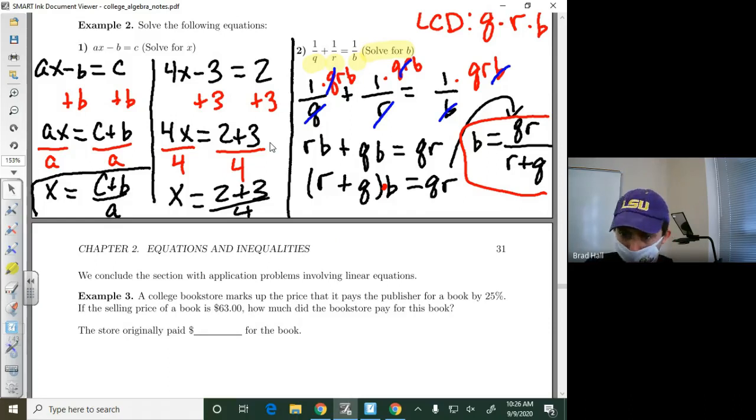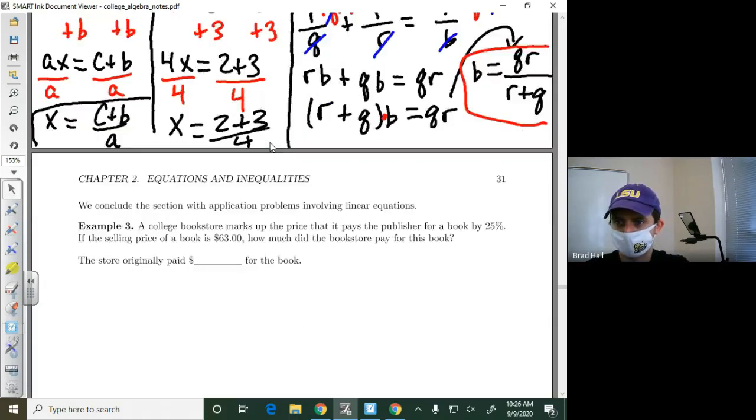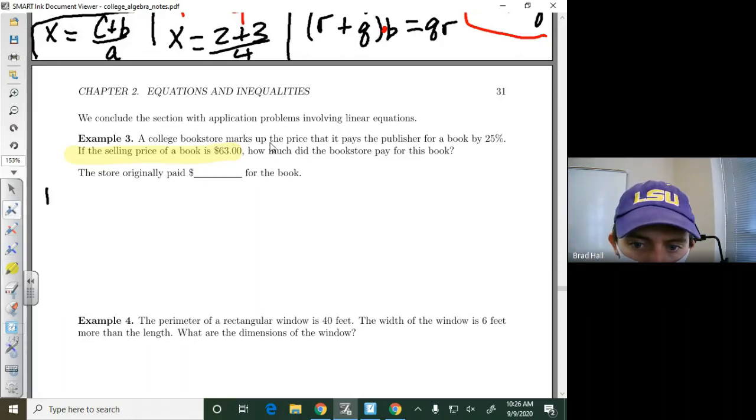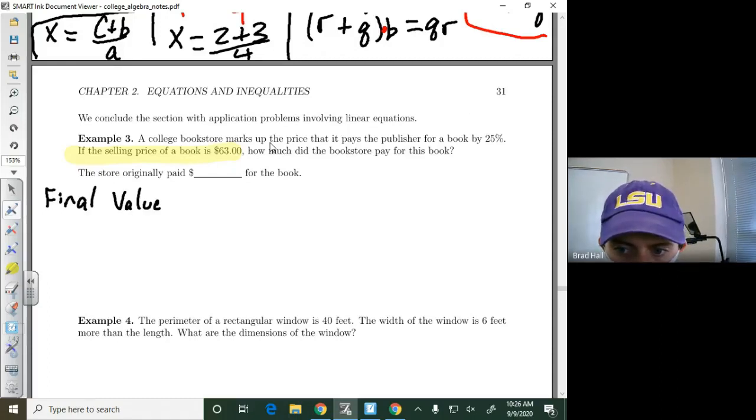So what this problem is saying is, there are two prices here. There's the original price of the book, and then there's the price after the 25% markup. The selling price is $63. That's what you would see in the bookstore. So that means this is post markup, the final value, $63.